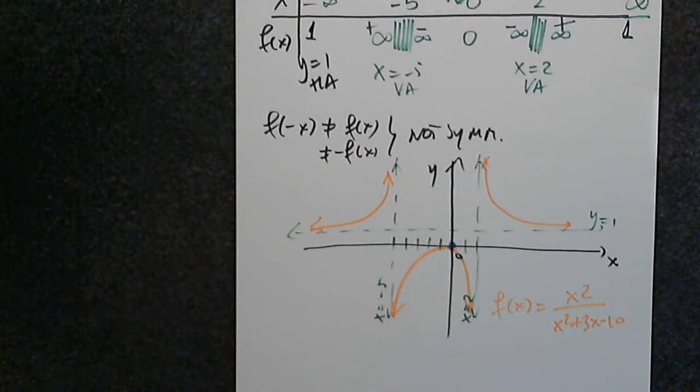Okay, y equals. Because the top has only one term, it's okay with parentheses or without, but you know me. Divided by, in parentheses, x squared plus 3x minus 10.